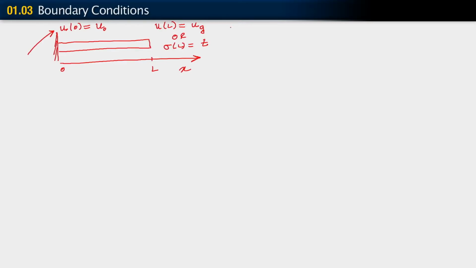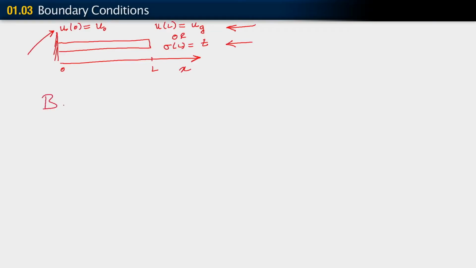However, at x equals L, we have either a Dirichlet boundary condition or a Neumann boundary condition. In particular, we do not have a situation where at both ends we may have Neumann boundary conditions. Okay? So let me state that.